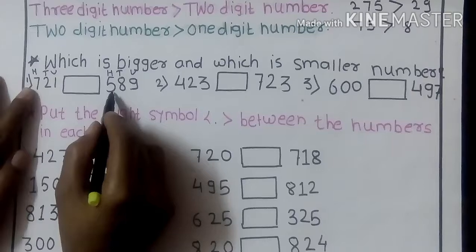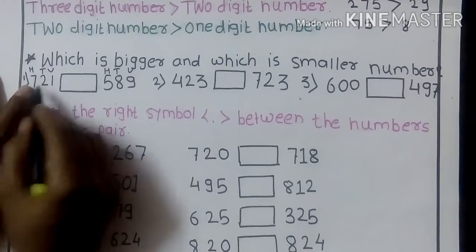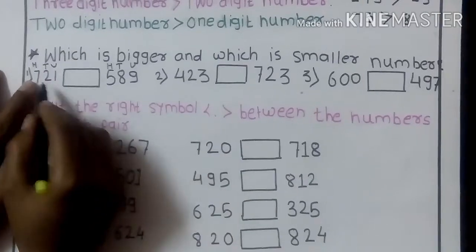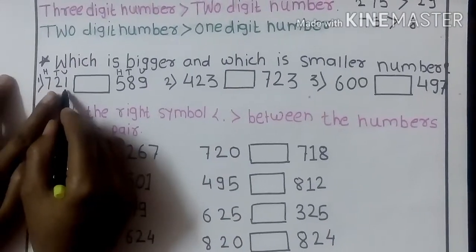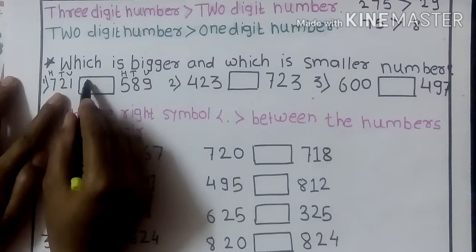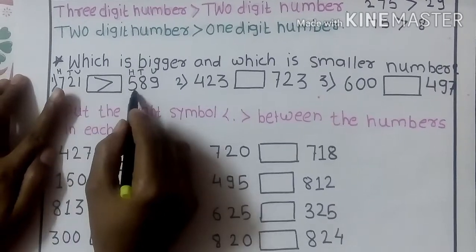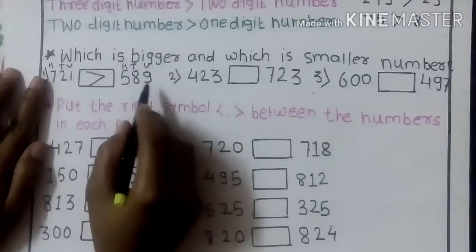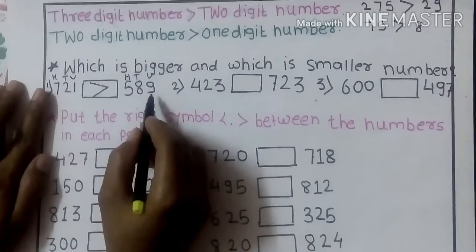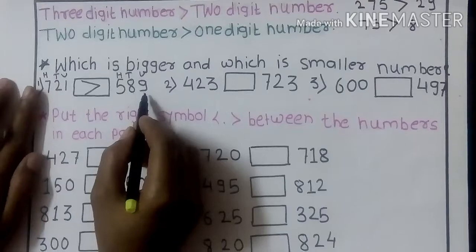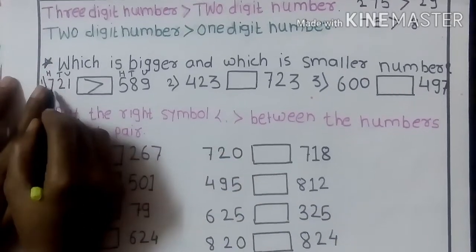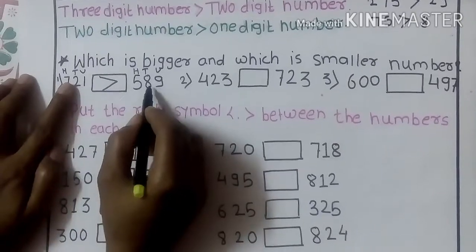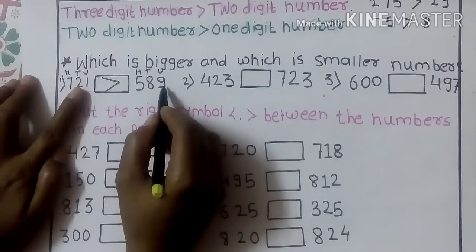Which is big? 7 is bigger than 5 in the hundreds place. Therefore, 721 is bigger than 589. Okay, understood? To know which number is big and which is small, first we see the hundreds place, then the tens place and then the units place.